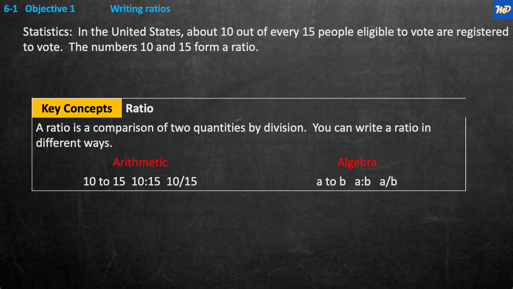You can write a ratio in different ways. Algebraically, you can say A to B, A colon B, or A divided by B. Arithmetically, it can be 10 to 15, or 10 colon 15, or 10 divided by 15.